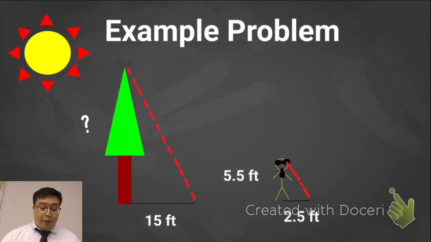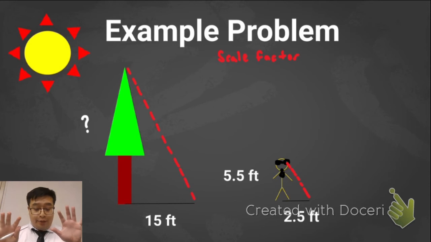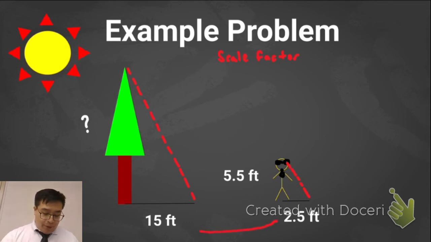The first way we're going to look at is using scale factor. Usually I like to think of scale factor as comparing from one triangle to the other triangle. Here, we know the length of each shadow. So I'm going to draw this red arrow comparing the bases of these two triangles.